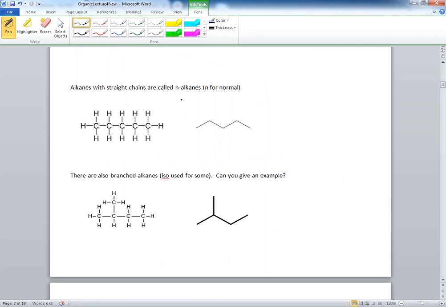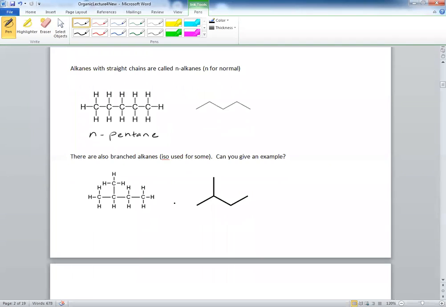Alkanes with straight chains are called N-alkanes. N is for normal. So if you notice here, these are straight chains. We call this an N-alkane. And since we have 1, 2, 3, 4, 5, we call this N-pentane. Normal, N for normal. Although sometimes, most of the time really, if it's a straight chain, that N is removed because it's implied.